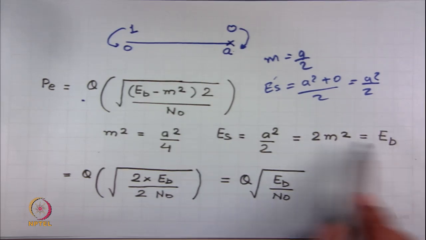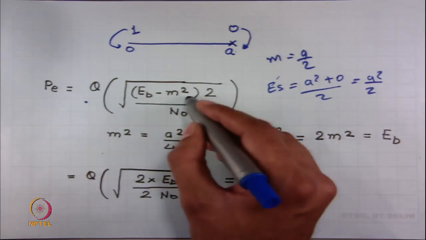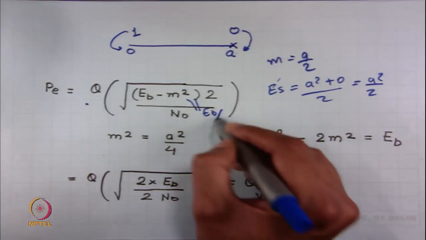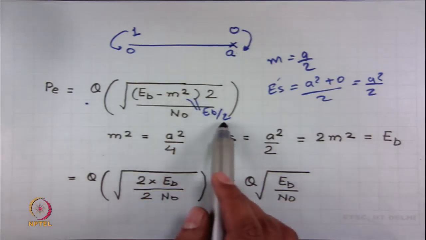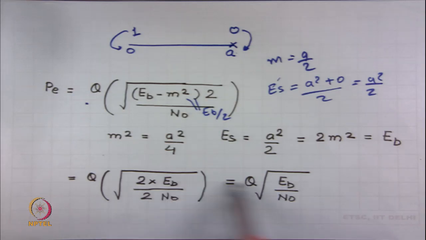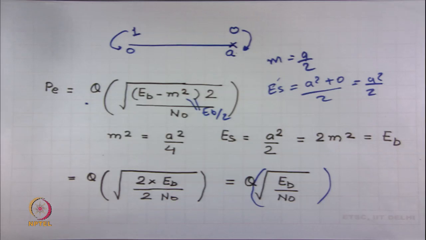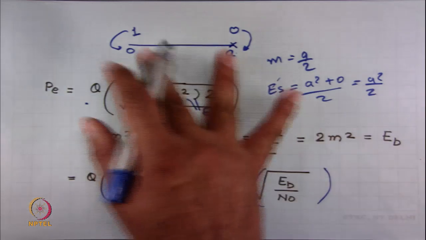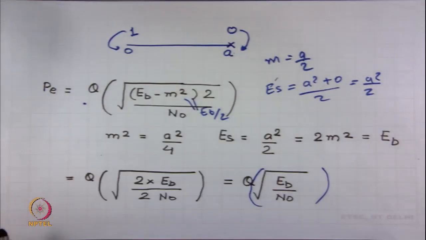So, we get E b minus m square, which is simply E b by 2. So, we get E b by 2 and 2 cancels with this 2. So, we get simply Q of root E b by N naught. And because this scheme has certain mean, this will achieve a lower BER performance for the same Eb/N0.